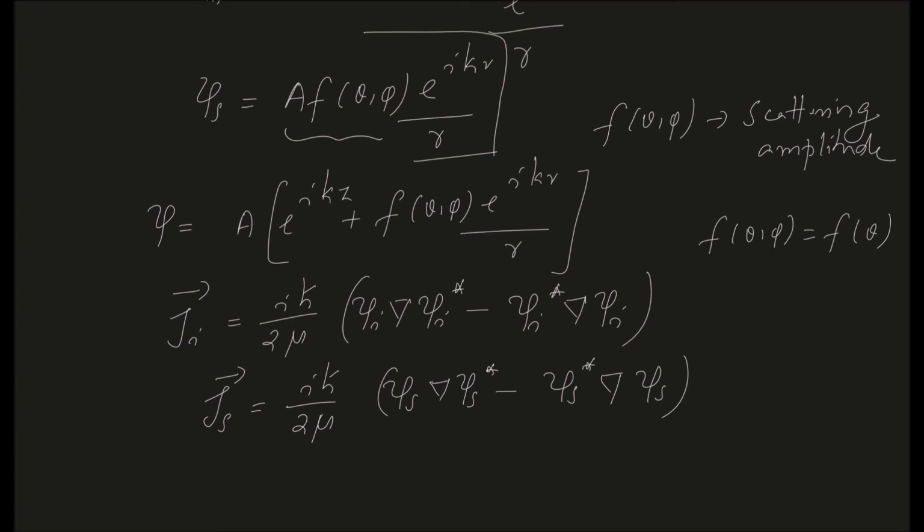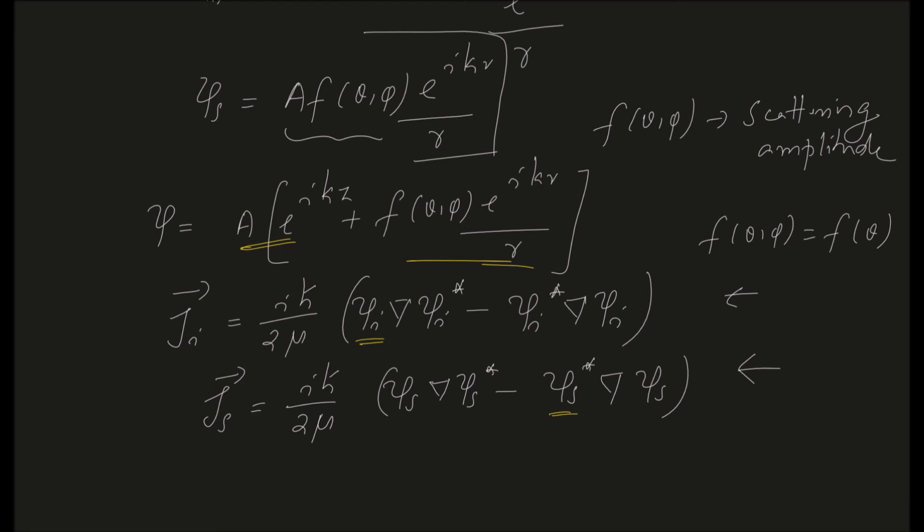Now if we substitute for psi i and psi s in these expressions for the incident and scattered flux, the substitution you have to do yourself. It's a straightforward substitution. Wherever you have psi i, substitute A e raised to i k z, and wherever you have psi s, substitute A f of theta e raised to i k r by r, which is our scattered wave.